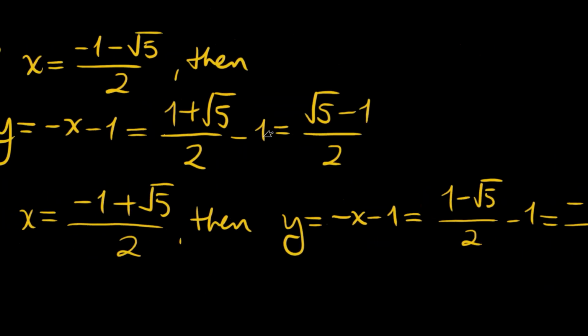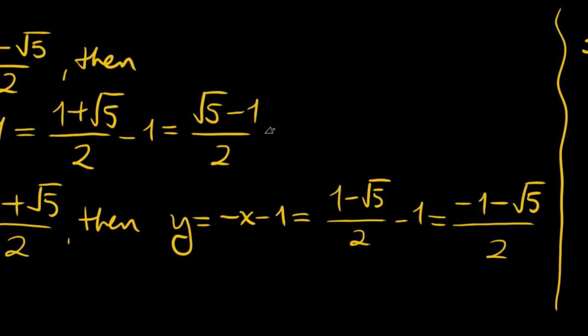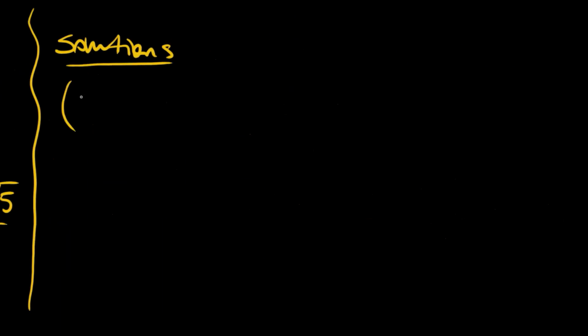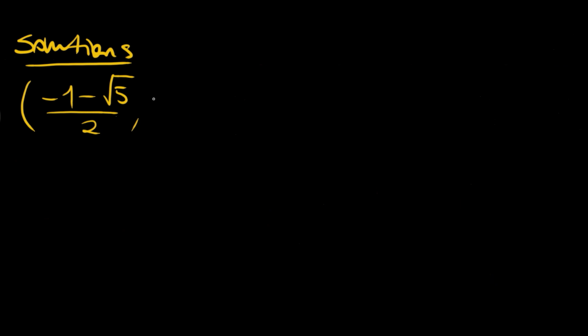Let's check. x is negative 1 minus the square root of 5 divided by 2, comma, y was the square root of 5 minus 1 divided by 2.